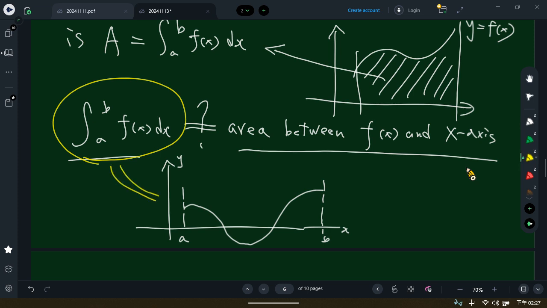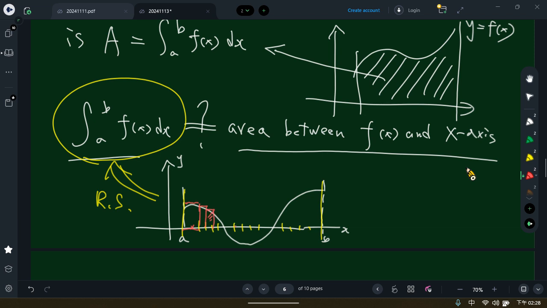Do you still remember Riemann sum? We use Riemann sum to calculate. We need to partition it, right? And then in each piece, we pick a c_k.